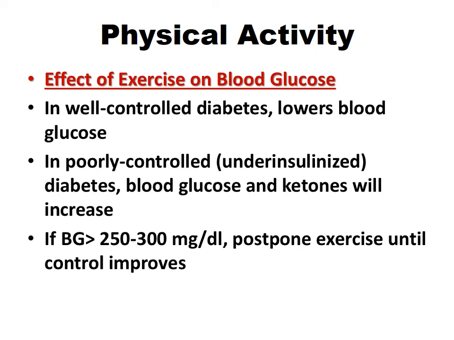Physical activity, effect of exercise on blood glucose level. It has been found that in well-controlled diabetes, applying physical activity or exercise will lower the blood glucose level. In poorly controlled diabetics, blood glucose and ketones will be increased because of the exercise, as the body needs more glucose to utilize during exercise.